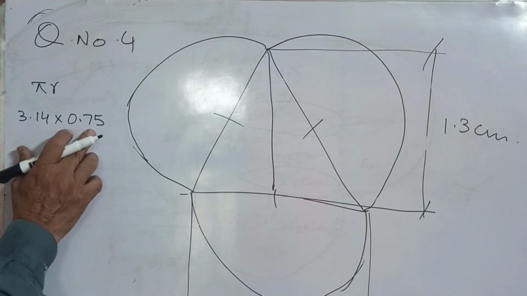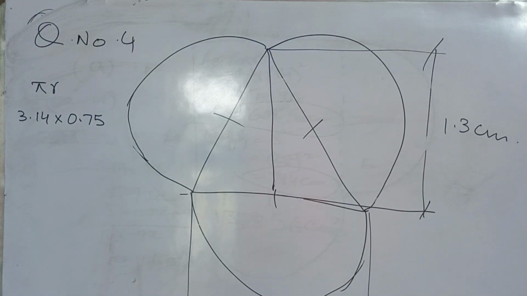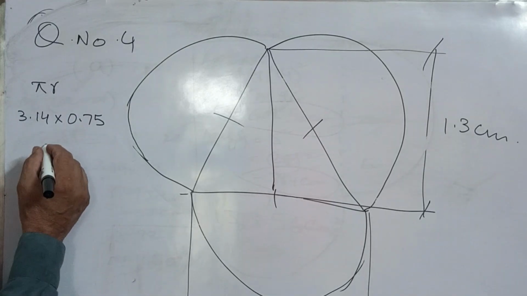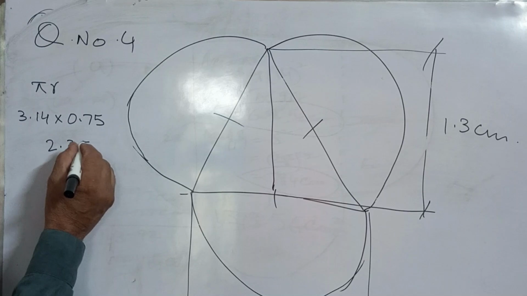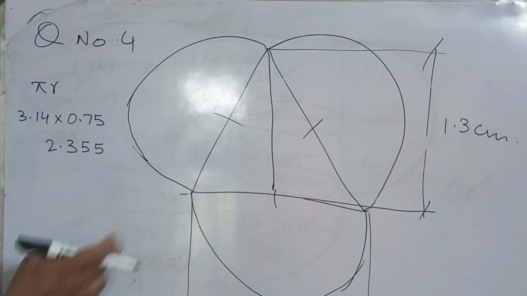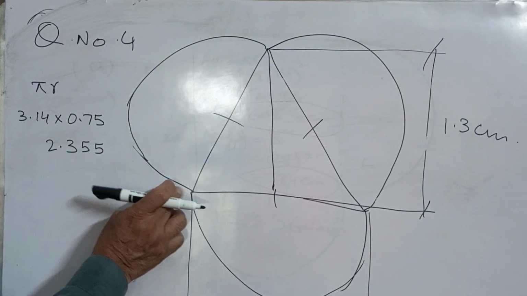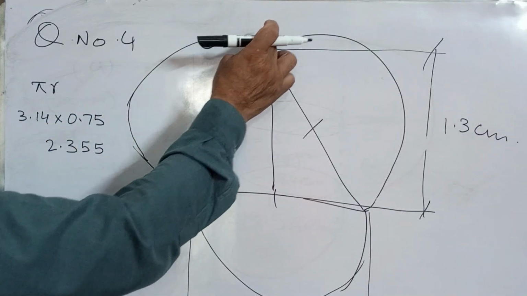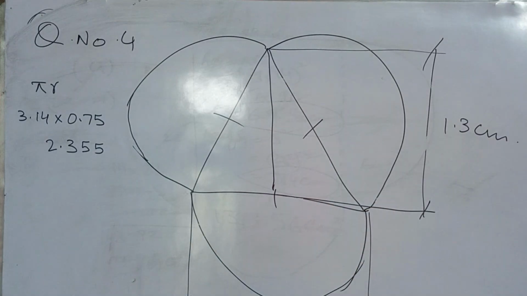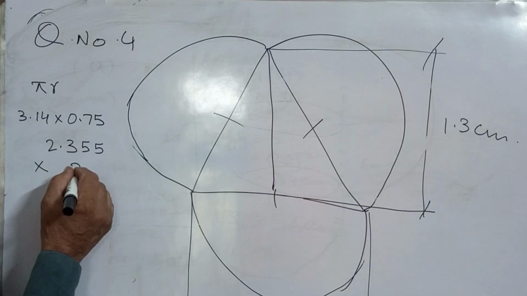So 3.14 multiplied by 0.75 will become 2.355. Since there are 3 half circles, and this measure is only from here till here, and all the 3 half circles are equal, we'll multiply it with 3.